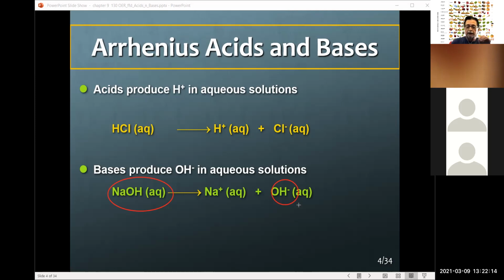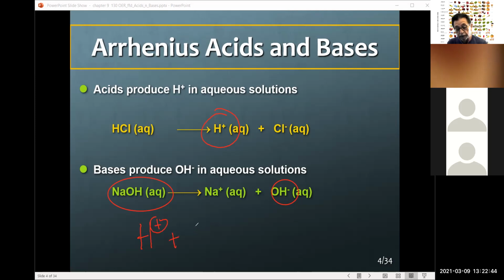Okay. Now, let me ask you a question here. Maybe you can recognize something. You notice we just said it produces a proton, so a proton is an H plus.